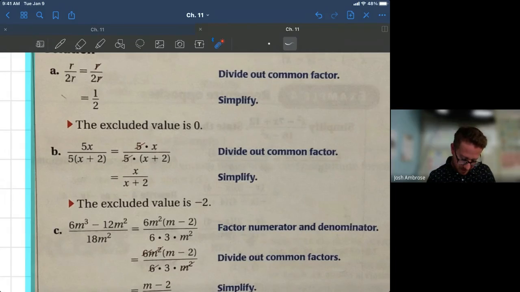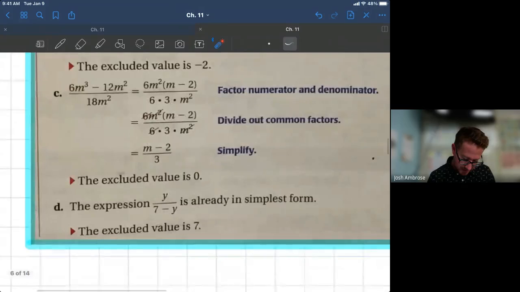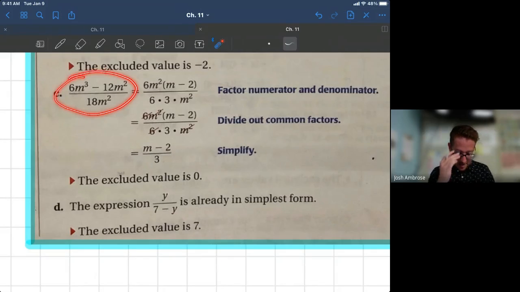All right, so let's take a look at example C and D right here. So right here you have 6m cubed minus 12m squared over 18m squared. There's some stuff that we could take out, right? So they factor out a 6m squared right there. Factor it out. Then 6 and 18. You'll notice that those have been taken out. They're not bonded to something like that x was.